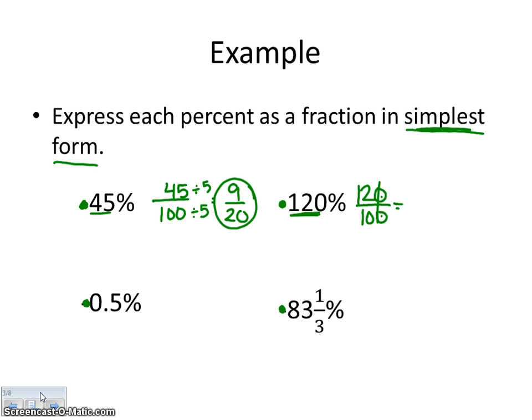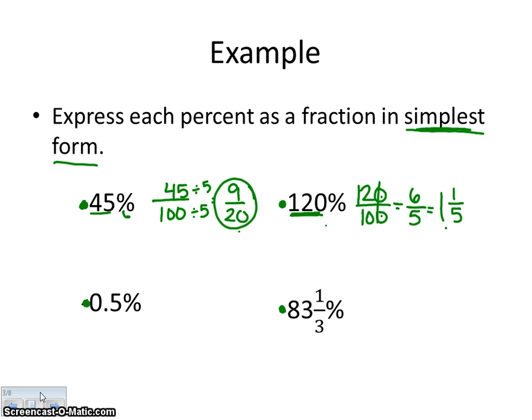So now I have 12 over 10, and I can simplify that as 6 over 5, which equals 1 and 1/5. And if you notice, this percent is over 100%, so my fraction is going to be over 1. The last one is less than 100%, and my fraction is less than 1.